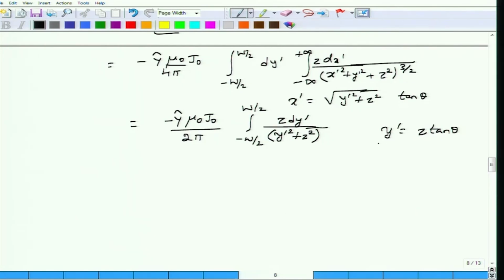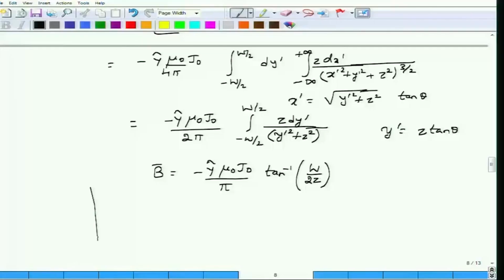So appropriately you change the integrals, and you will see that the B field can be written as minus y hat mu 0 j 0 divided by pi tan inverse of w by 2z. So you have seen that the magnetic field B, because of the infinite current density along the x direction, is actually directed along minus y direction.